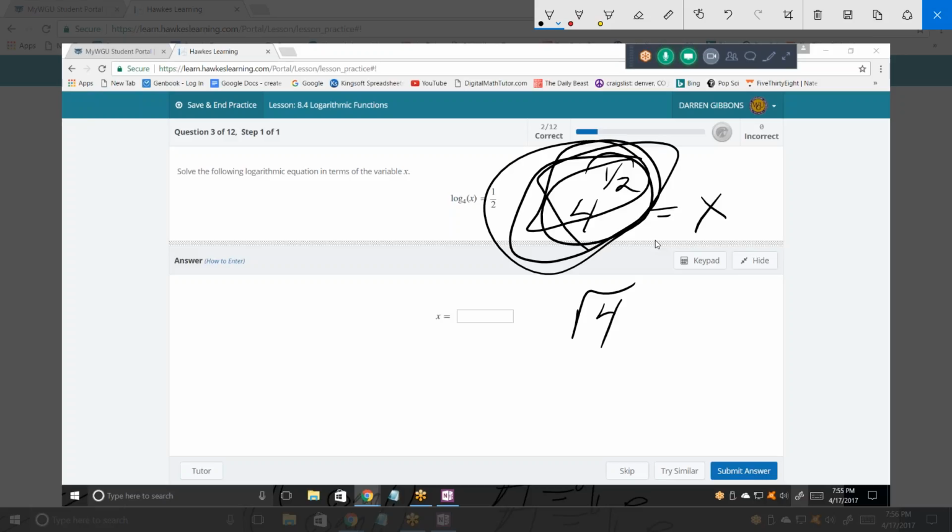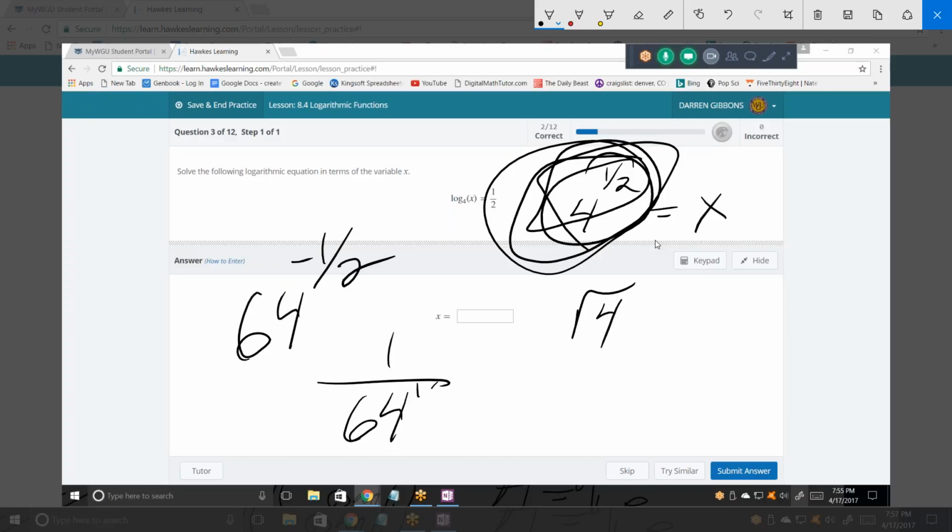But in the prior example, it was 1/8, right? No, it was minus 1/2. And here's what the previous one was. The minus immediately tells us that it's reciprocal. And then 64 to the 1/2 power is 8.